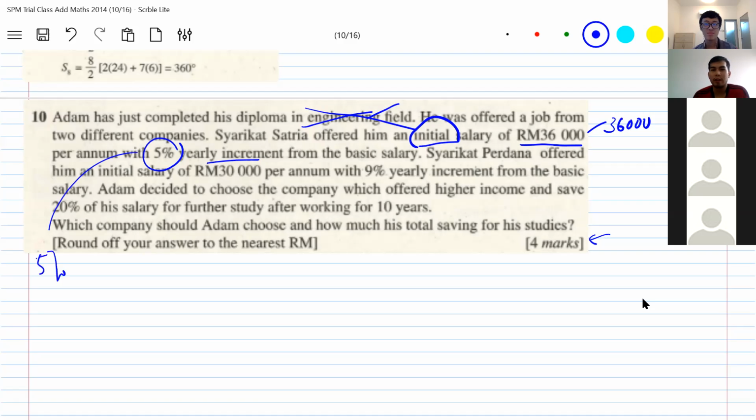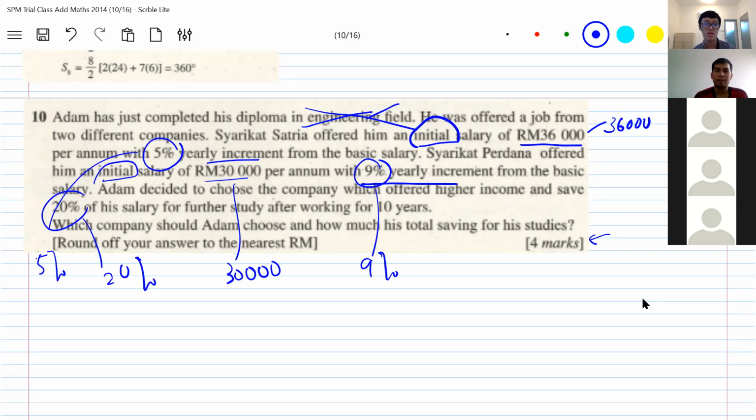All right, then you move on and you see another initial salary of 30K and a 9% yearly increment. Again, numbers, right? 9%, 30K. And then Adam decided to choose working in a company which offered higher income and saved 20% of his salary, another number, after working for 10 years, another number.